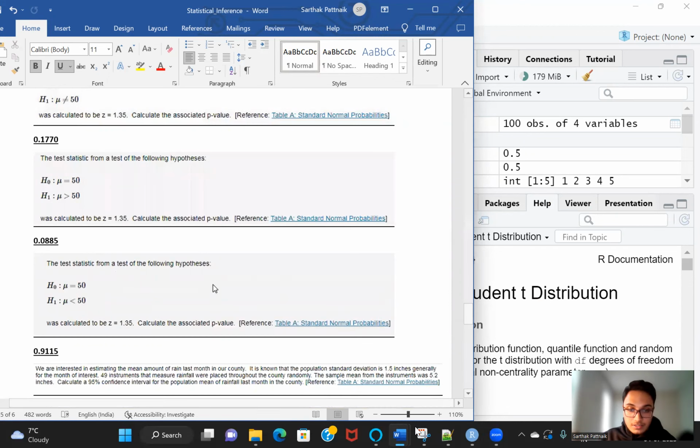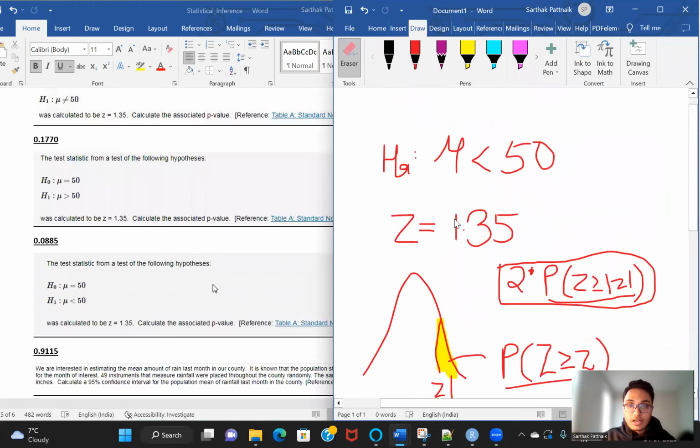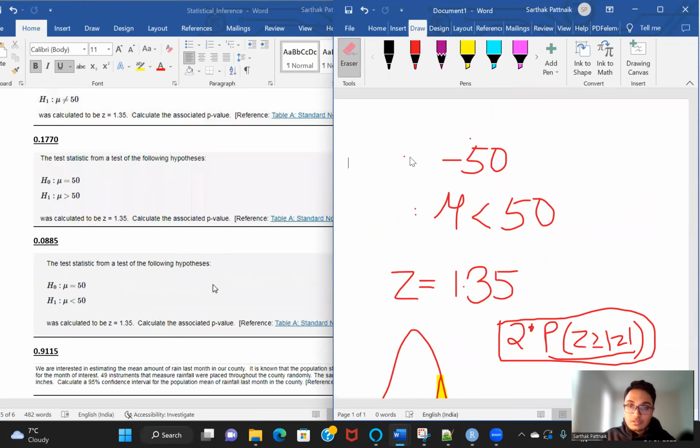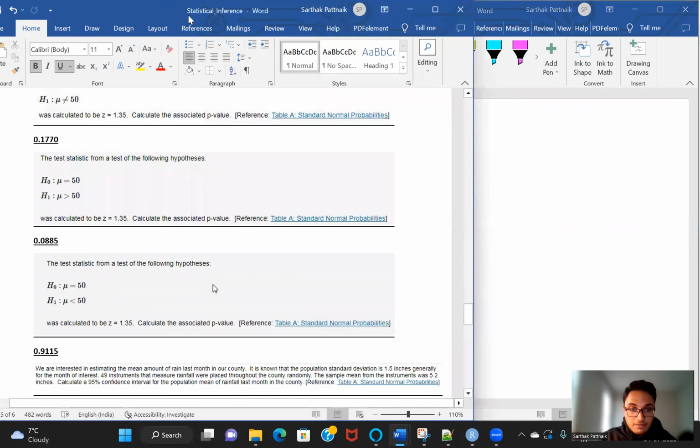First things first, when you read the question, it's always advised to write down all the details that the question has mentioned. What have we been given? We have been given the population standard deviation 1.5, number of instruments 49, and sample mean 5.2.